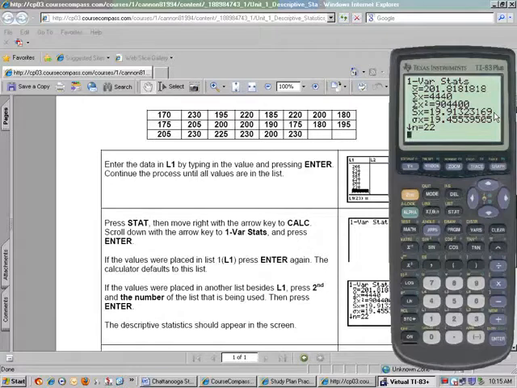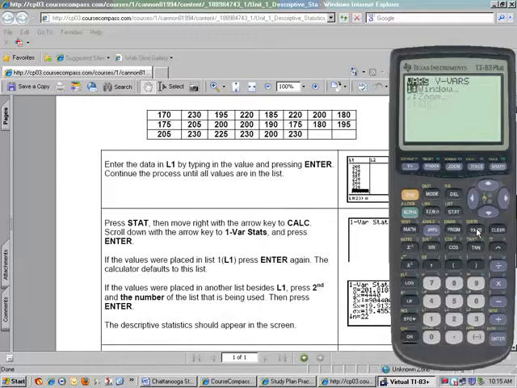Well, if we want to be accurate, we can locate the variables that are used on this list by pushing the variables button, VARS. So if I push VARS, notice number 5 says statistics, so I can push number 5. And we can see some of the values that were located on that list. Well, we need the S of X because that's the standard deviation of the sample. So number 3, I'm just going to push the number 3.